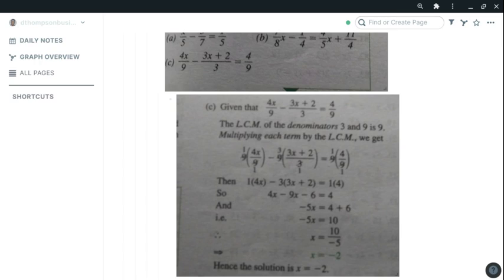Given the LCM, we multiply each term by that number. So if we multiply 4x divided by 9 by the LCM, we get 9 multiplied by 4x divided by 9.